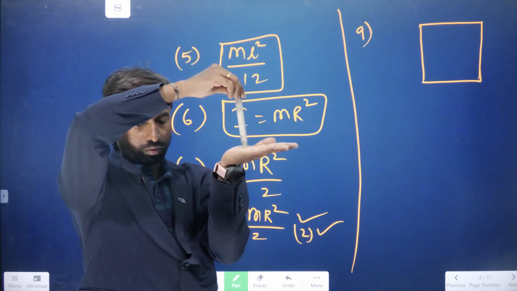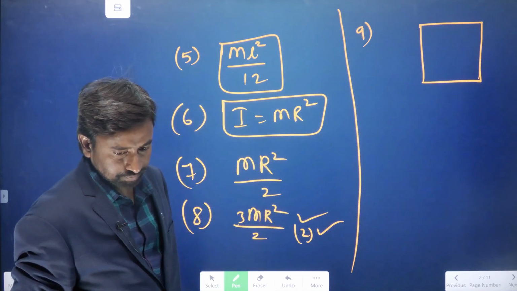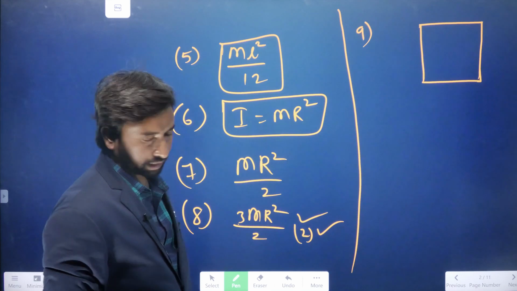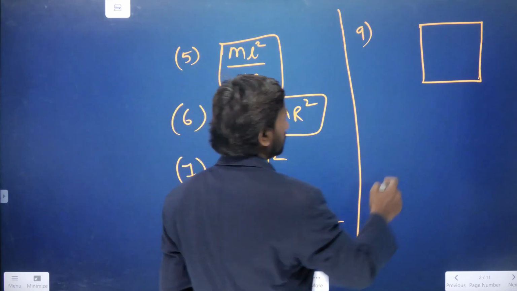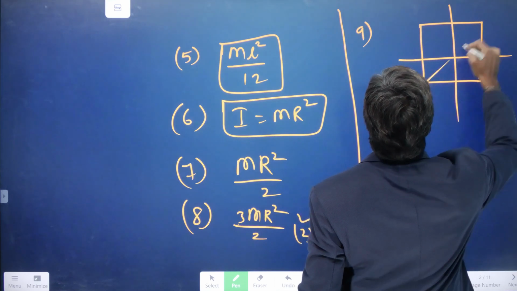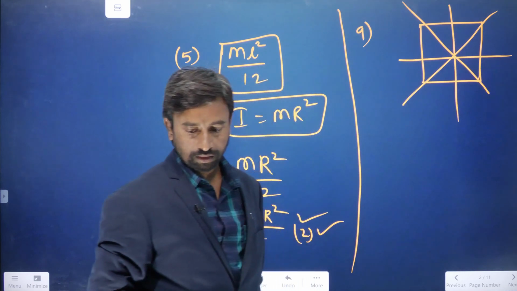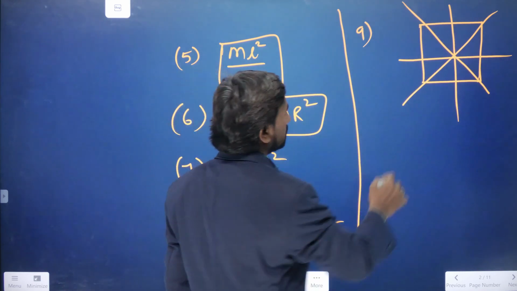Okay. So here moment of inertia I1 is given. The diagram is given like this. This is first and second, this is the third one, and this will be the fourth one. Like this they are given there, and ABCD.